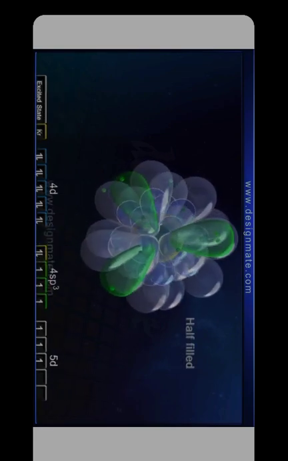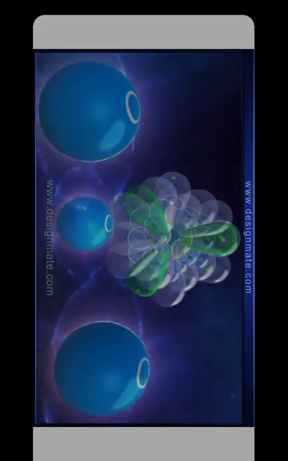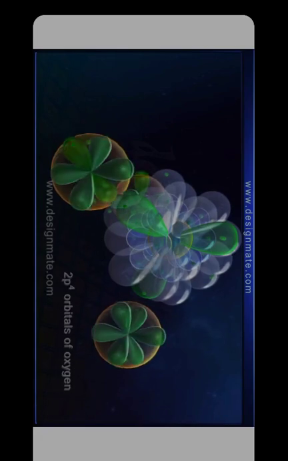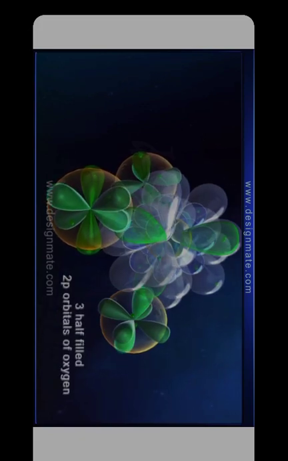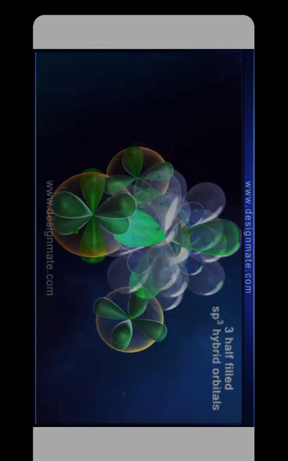3 oxygen atoms with outer electronic configuration 2s2, 2p4 approach these half-filled orbitals of xenon. One of the half-filled 2p orbitals of each of the 3 oxygen atoms overlaps the other 3 half-filled sp3 hybrid orbitals of the xenon atom. Recall that there are 3 unpaired electrons in the 5d orbital of xenon.